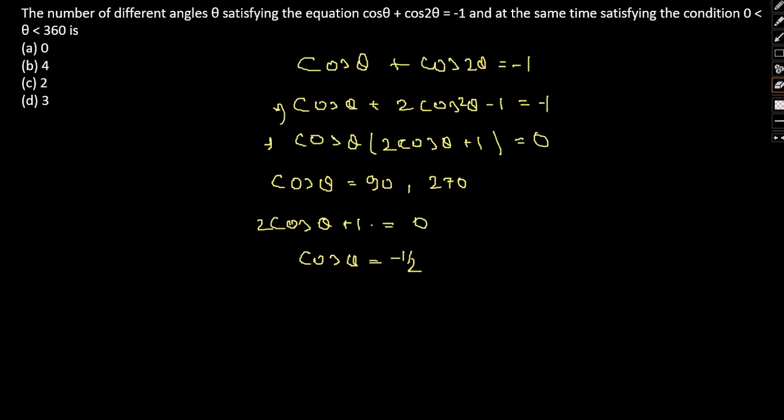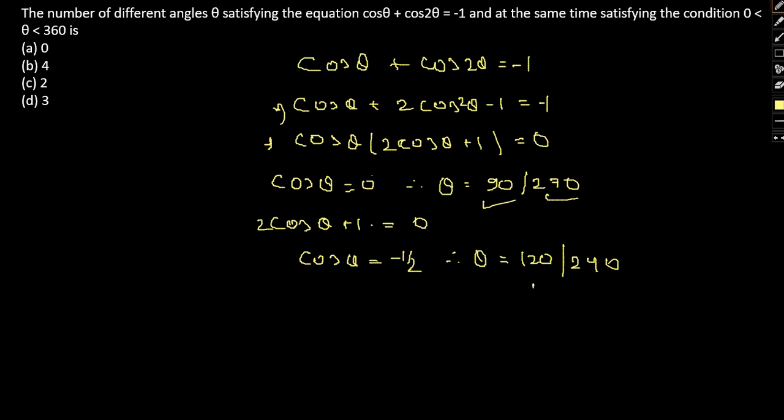Okay, let me correct this. Here cos theta is 0, so therefore theta can be 90 or 270. In the other case, theta can be 120 or 240. So the number of values is 1, 2, 3 and 4. So therefore option B will be the correct answer.